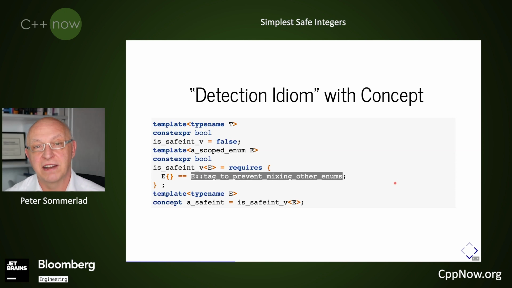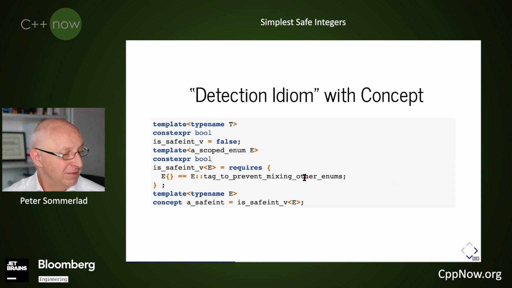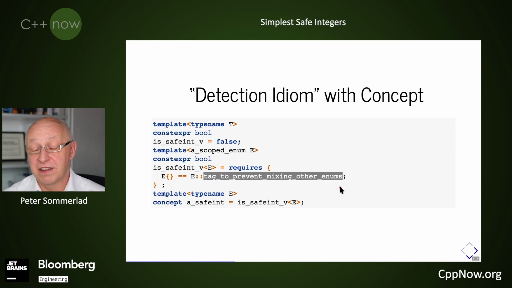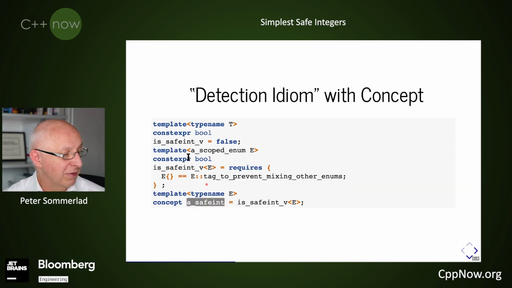The hope is that no other enumeration class type will actually have this member or this enumerator, and I deliberately have chosen the very long name to make sure that it's not accidentally chosen by anyone. And again, we could have made that directly a concept, but I wanted to have the trait and the concept together to be able to use both later on.